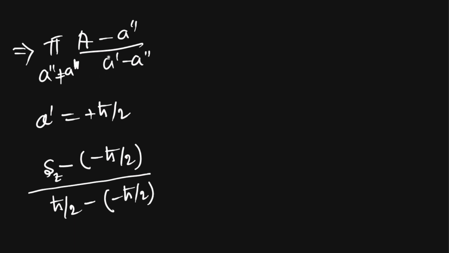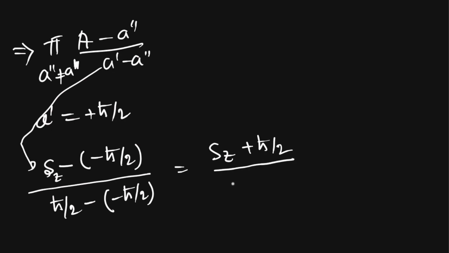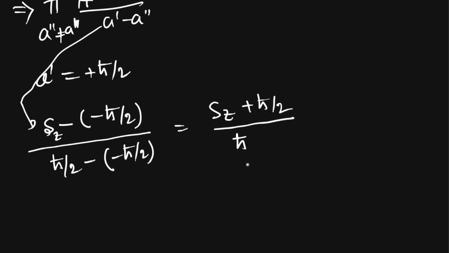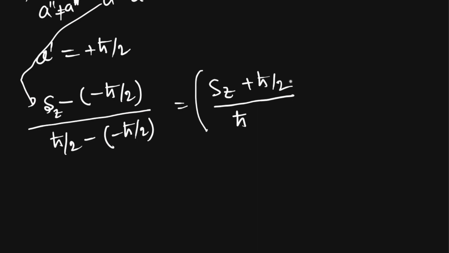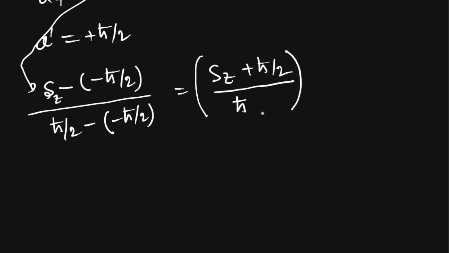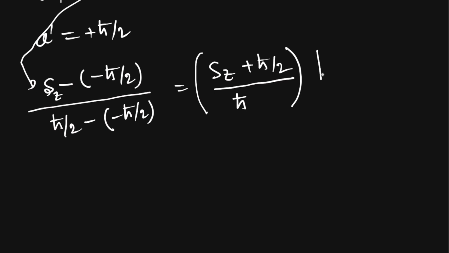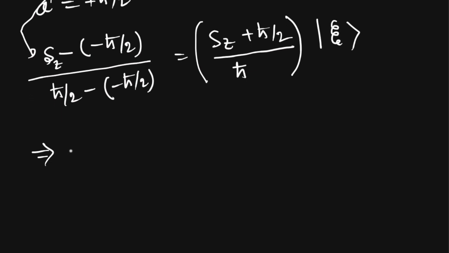So this operator will become (Sz + h cut by 2) over h cut. Now if we operate this operator with the state xi, what will we get?